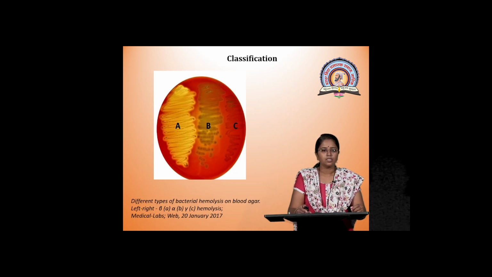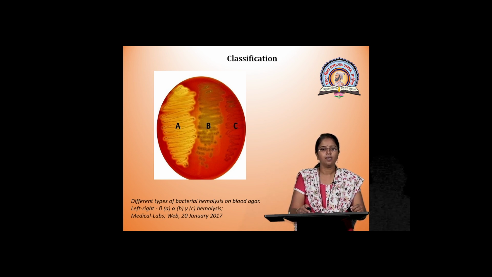In this image, we can see what is alpha hemolysis, what is beta hemolysis, and what is gamma hemolysis. In A, you can see the complete clear zone around the colonies, where the RBCs are completely lysed, and that is beta hemolysis.